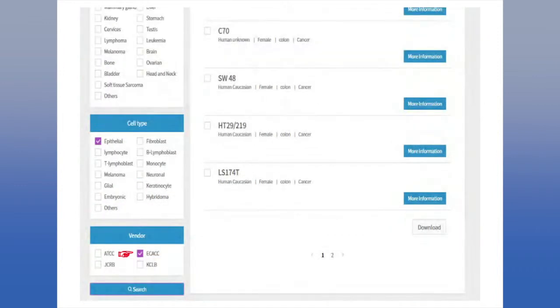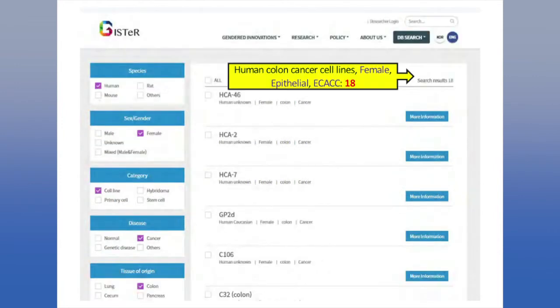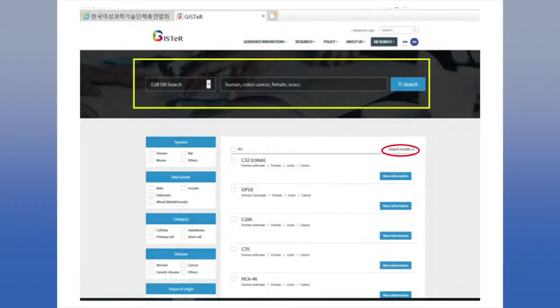If you are buying cells from ECACC, you can see what cells they are selling for female epithelial human colon cancer cell line. Alternatively, if you know all the characteristics that you want to specify, you can just write them in this box, and you will get the same results.